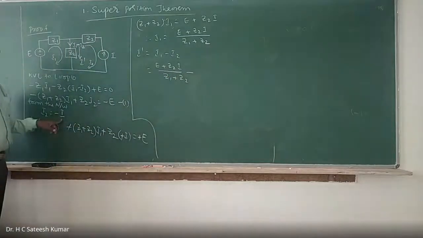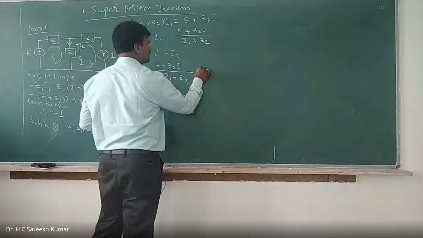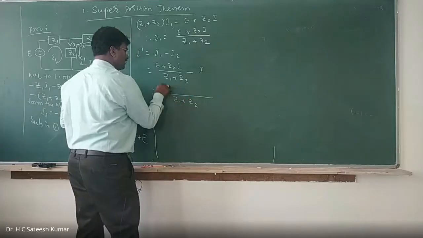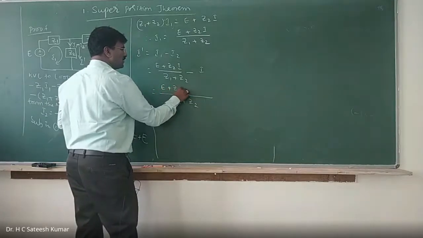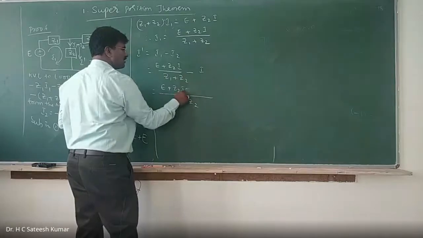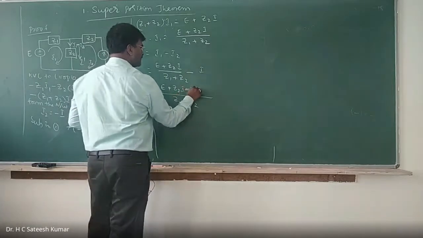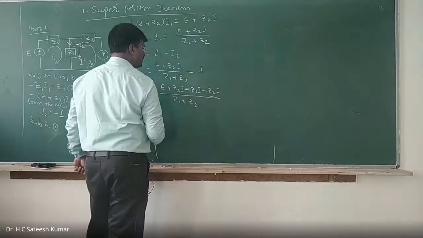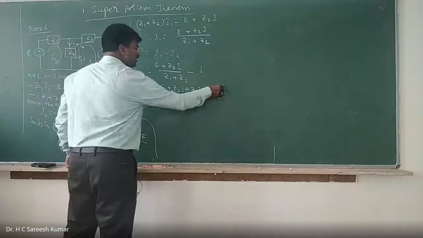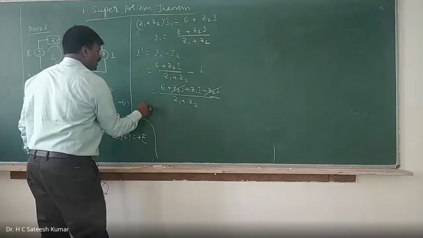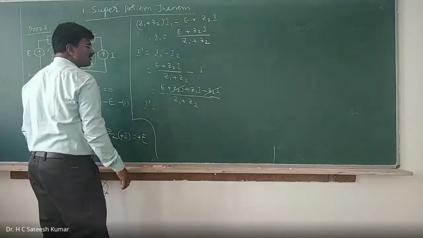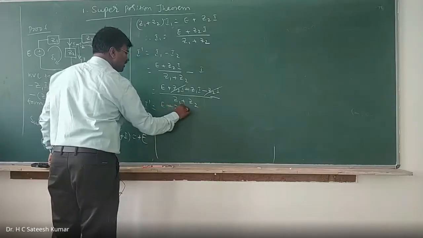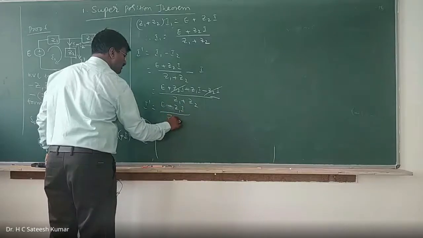I2 is nothing but minus I. So you take the LCM: E plus Z2 into I plus Z1 into I plus Z2 into I divided by Z1 plus Z2. Z2I and Z2I get cancelled. So therefore, I dash is equal to (E minus Z1 into I) divided by (Z1 plus Z2).